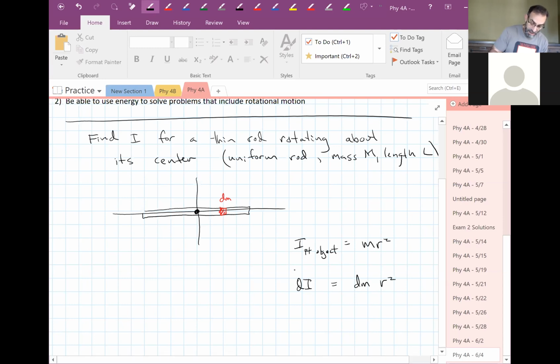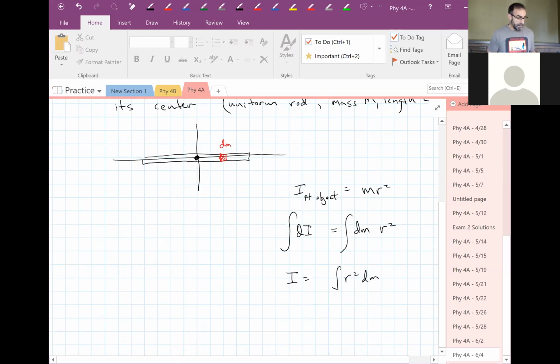We integrate, we add them all up, and we get the total I is the integral of r squared dm. Well, we can't integrate dm. We've got to turn that into something we can integrate over. We have to figure out how much mass is in that little tiny chunk of the rod.